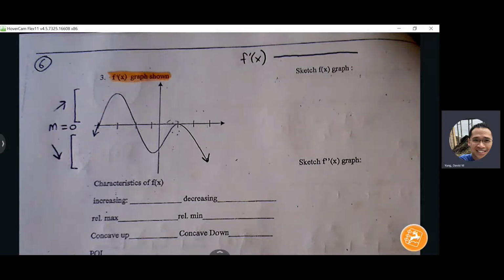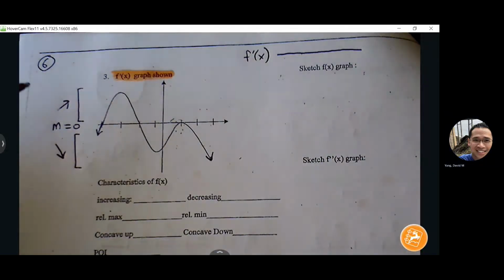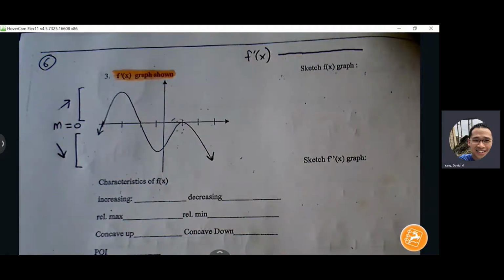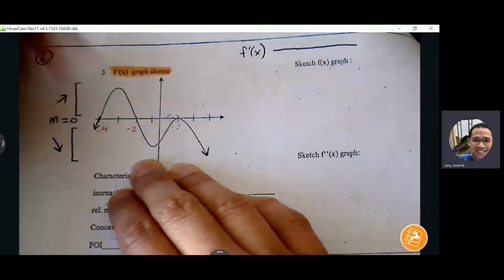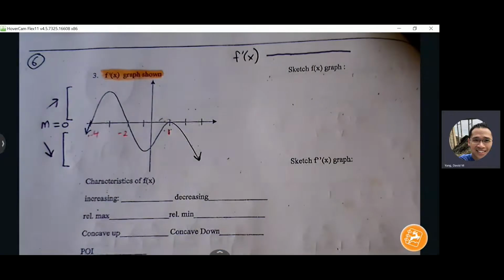So where are the slope zeros that we can go ahead and put onto our slope sign line? -4, -2, and 1. Okay, so let's go ahead and put those onto our slope sign line.